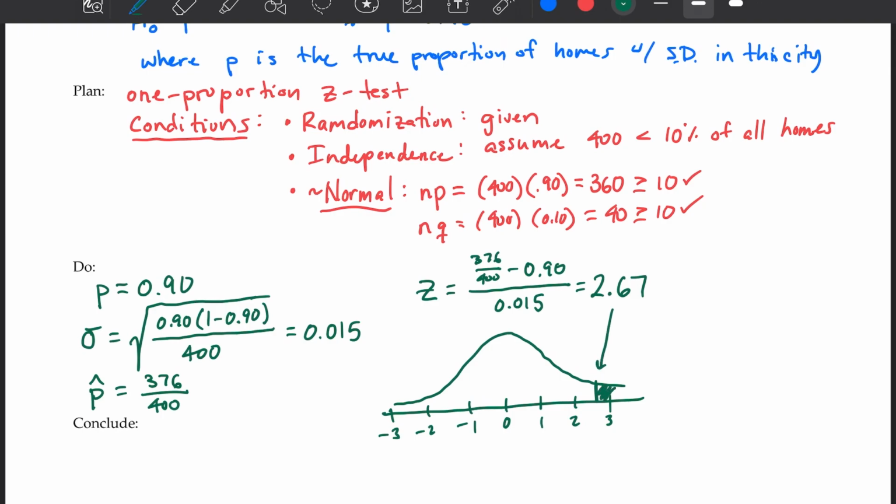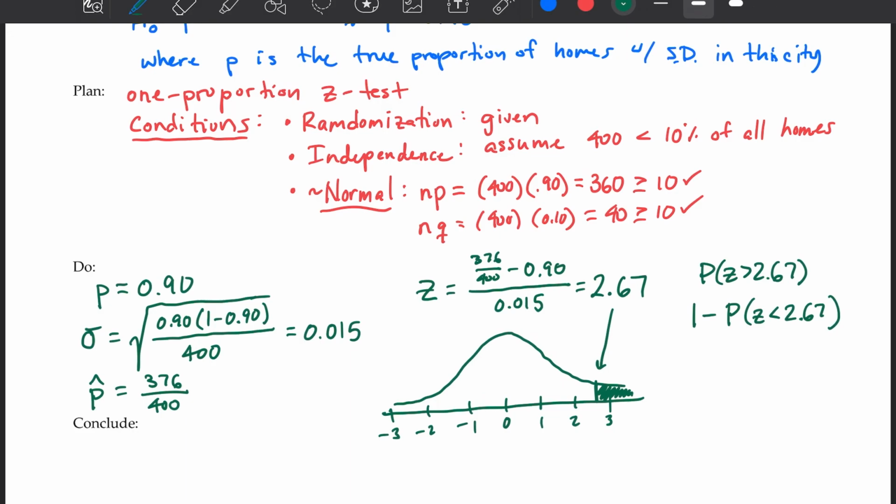And we're looking for greater than. The alternative hypothesis says greater than. So we're looking at that area there. So I want to know, what's the probability of getting a z-score that is greater than or equal to 2.67 there? Well, that's going to be 1 minus the probability that z is less than 2.67.